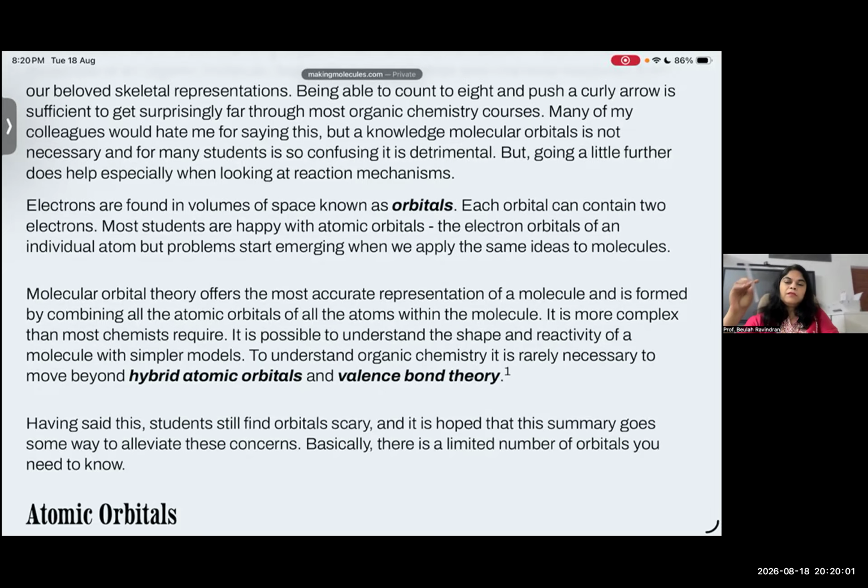What are the main limitations of VSEPR theory? You must understand. It fails to explain the shapes of isoelectronic species. Isoelectronic species means both having the same electronic configuration. It cannot predict exact bond angles.